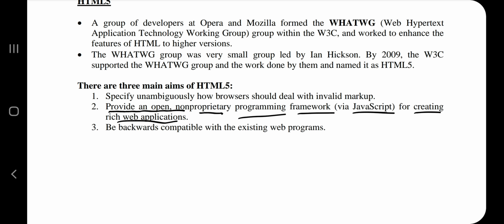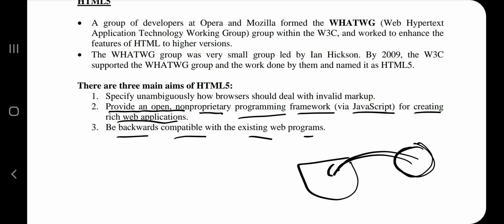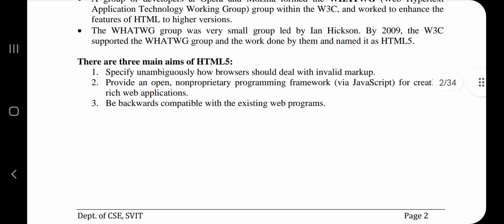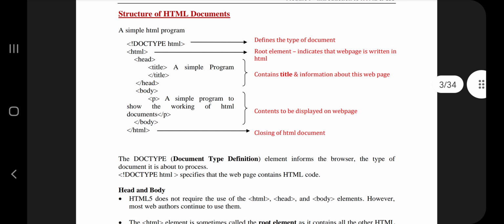So to enhance the quality of the programs, we'll be using HTML5. And third, be backwards compatible with the existing web programs. Whatever the existing web programs are, it should be compatible with them. If it is not compatible, we'll be losing a lot of information and very useful web applications. Those are the three main aims of HTML5.